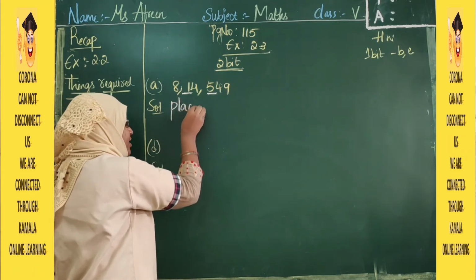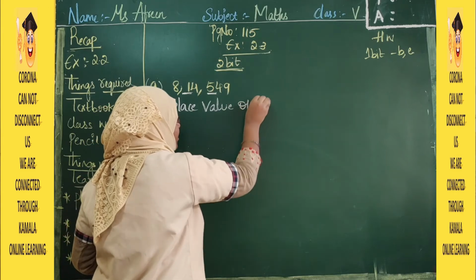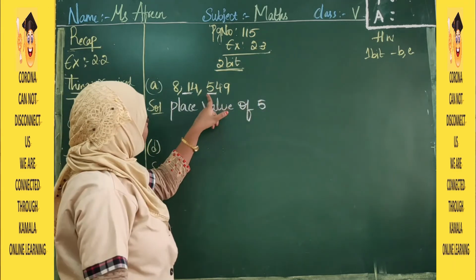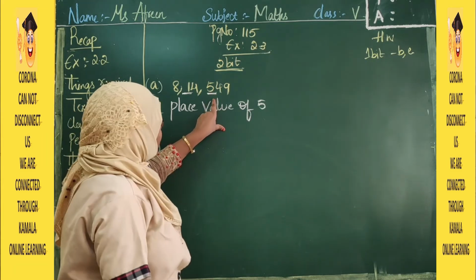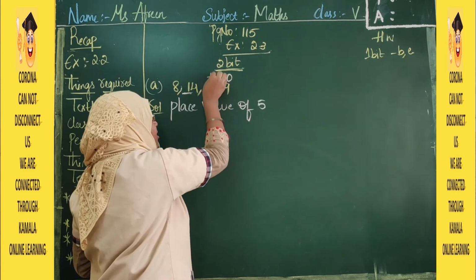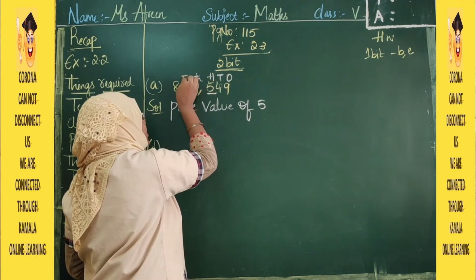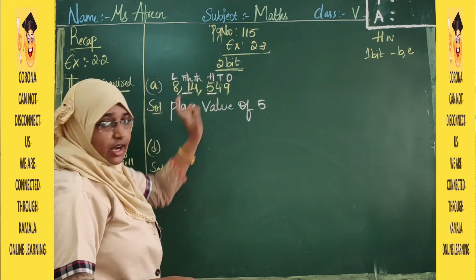So please let us write first one. Place value of 5. We'll move from the right. So let us first for 5. Place value of 5. Now 5 is at which place? It is at 100 place. If you see, ones, tens, 100, this is 1000 and this is 10,000, lakhs. So 5 is at 100 place.